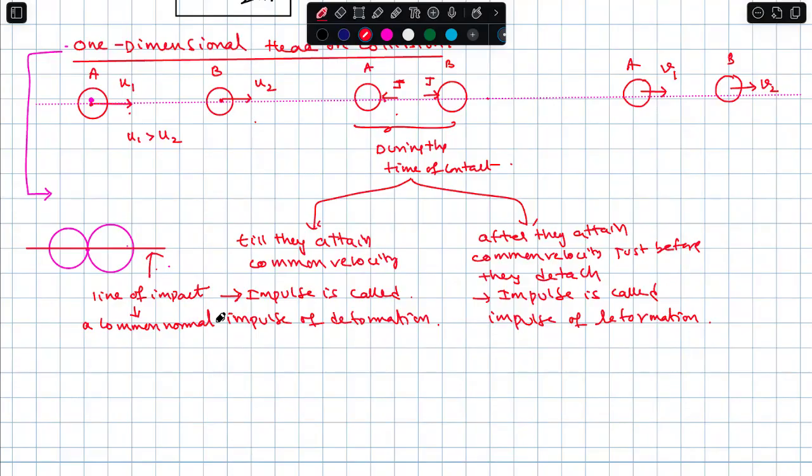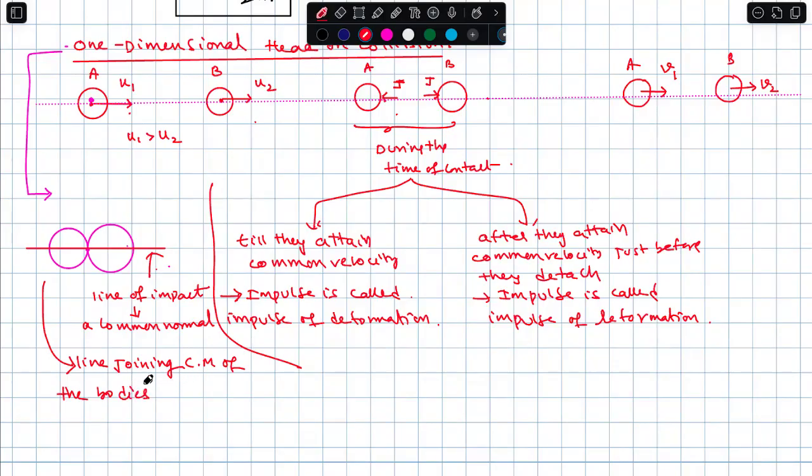So, head-on collision, or see, in this, what you are noticing is the line joining center of mass of the bodies.